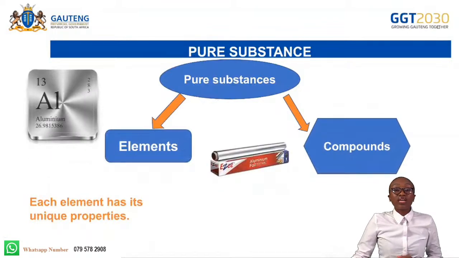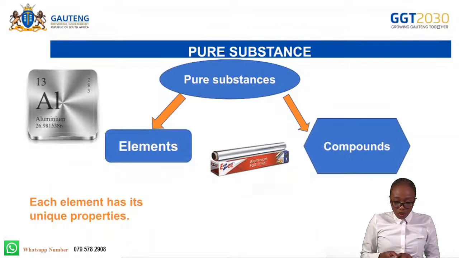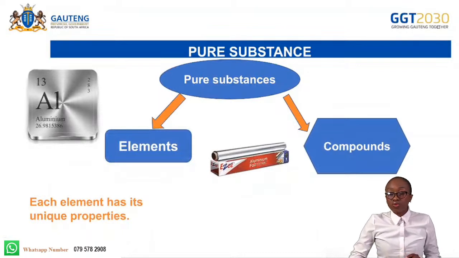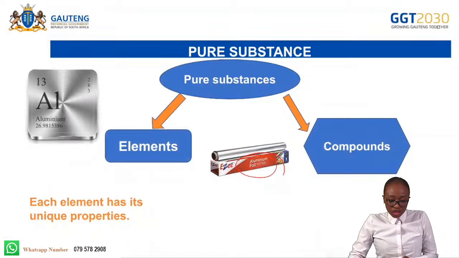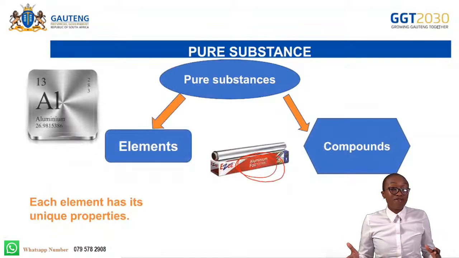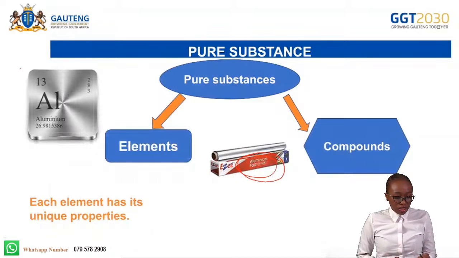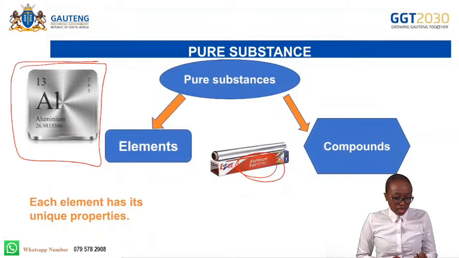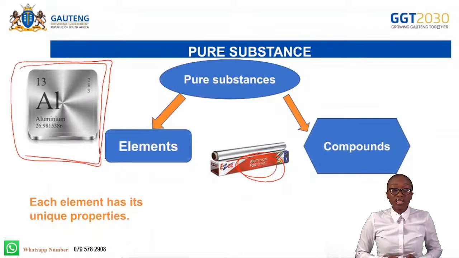If we look at the element aluminium, we often come into contact with aluminium, especially when we're dealing with aluminium foil. So a sheet of aluminium foil is a pure substance. Why? Because it is purely made up of one element, and that element is aluminium.